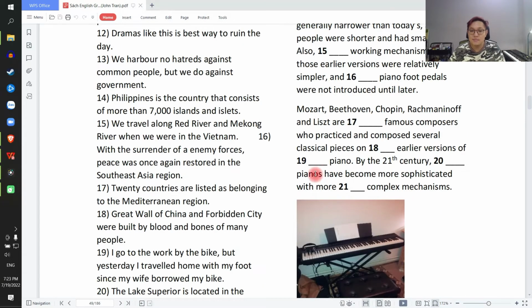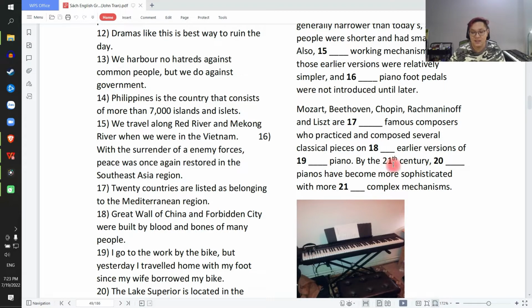Okay. Mozart, Beethoven, Chopin, Rachmaninoff, and Liszt are the famous composers who practiced and composed several classical pieces on earlier versions of the piano.